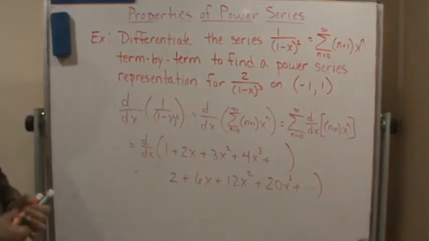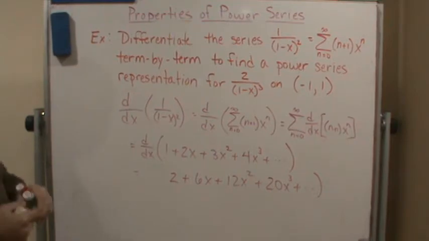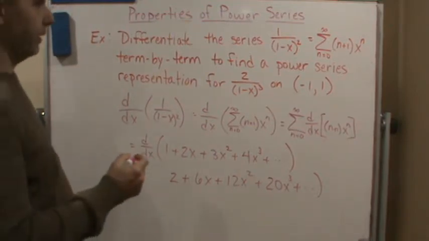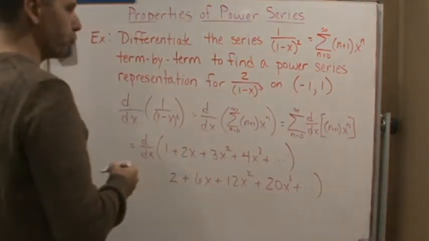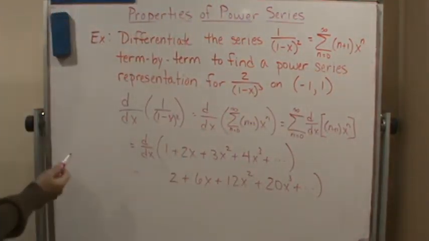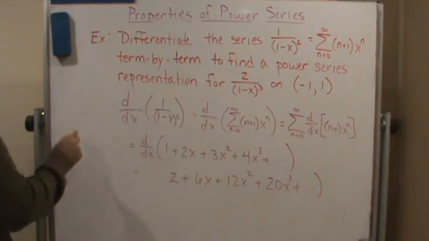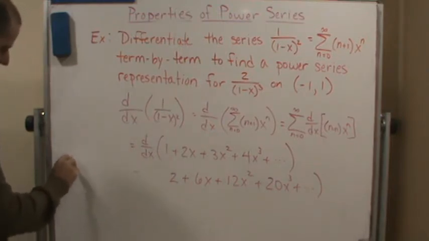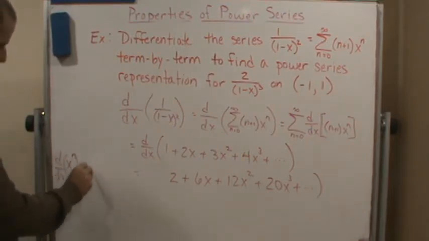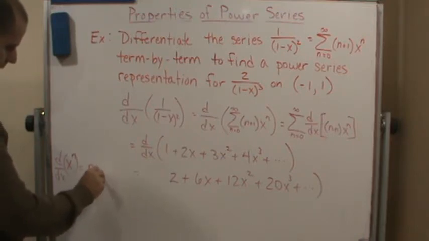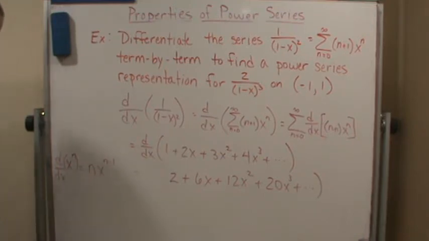Okay, now notice what I got here. Remember when I differentiated x to the n, the derivative of x to the n is what? You bring down the power and you reduce the power by 1.